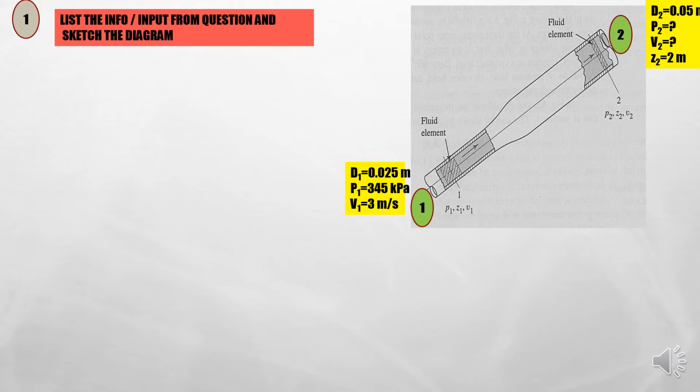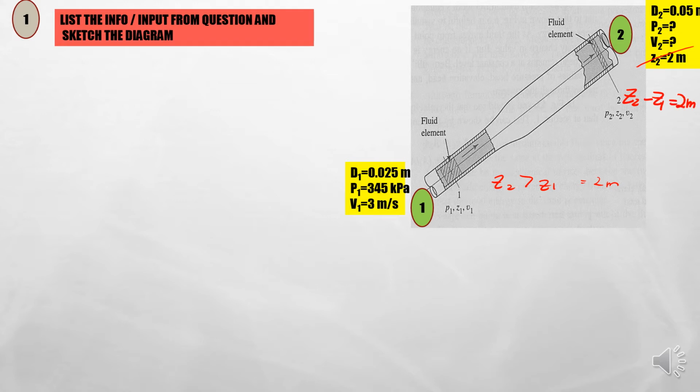Meanwhile for point number 2, you only have D2. Oh yeah, this one is wrong. As I mentioned just now, Z2 is greater than Z1 by 2 meter, which means that Z2 minus Z1 equals 2 meter.